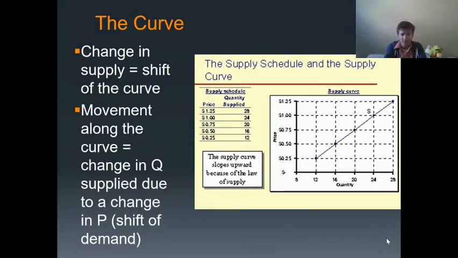Quantity supplied changed, but supply itself did not. If you see that phrasing where there was a change in supply, that means the curve shifted. Now, what causes the price to change? Well, it could be that the market's out of equilibrium, or it could be due to a shift in demand. We'll see that more when we do our work with equilibrium a little bit later.